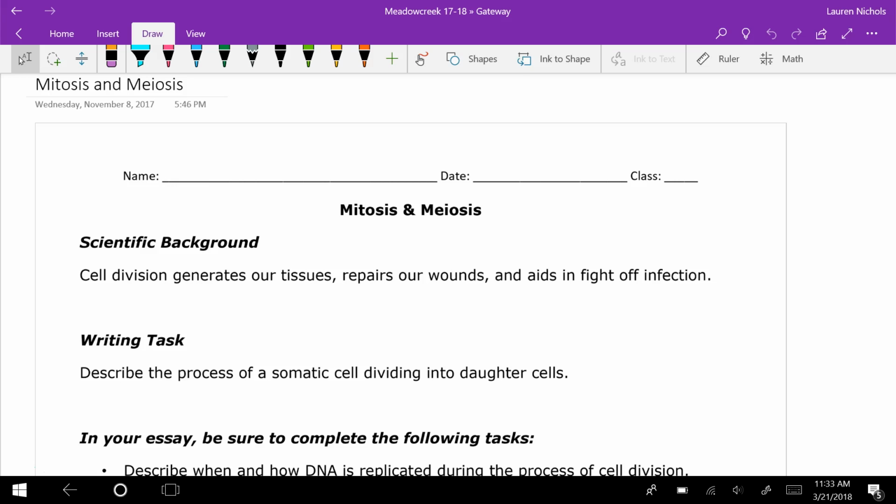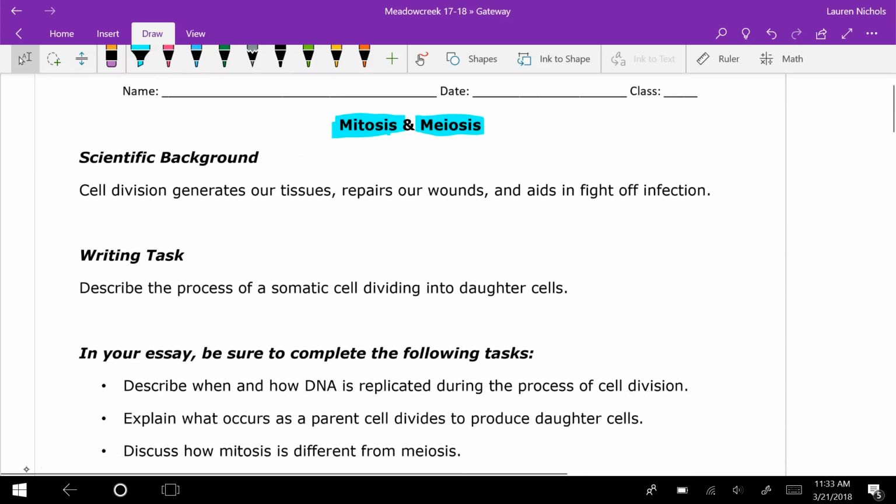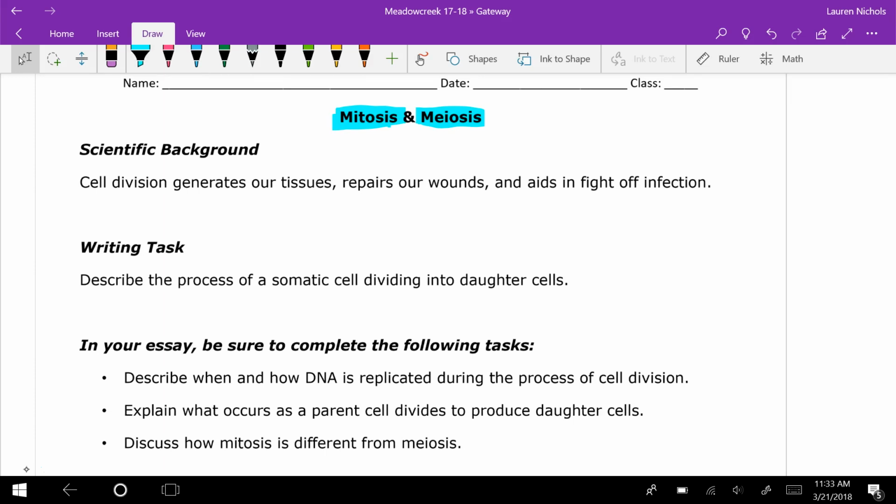Okay, now that you have read through the prompt, the next thing we want to do is highlight or underline keywords. In our title, we see mitosis and meiosis, and this is the first big thing that we see as vocabulary words. In our scientific background, cell division is the big vocabulary word there.